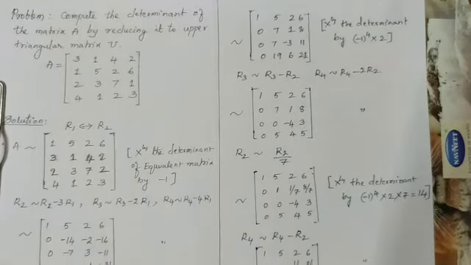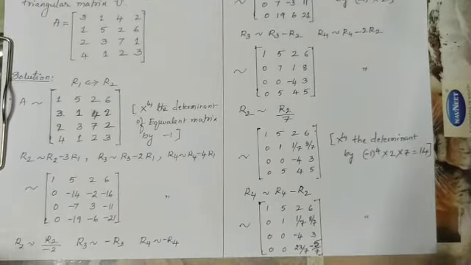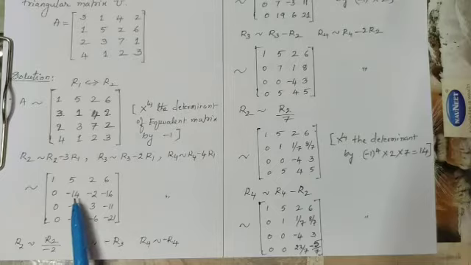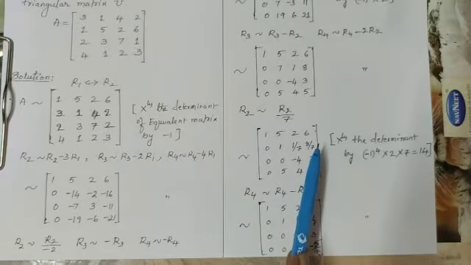Now I want to remove the minus from all these three rows, and also I will divide the second row by 2. That operation I wrote here. Since I have divided the second row by -2, I have to multiply the answer by -2.